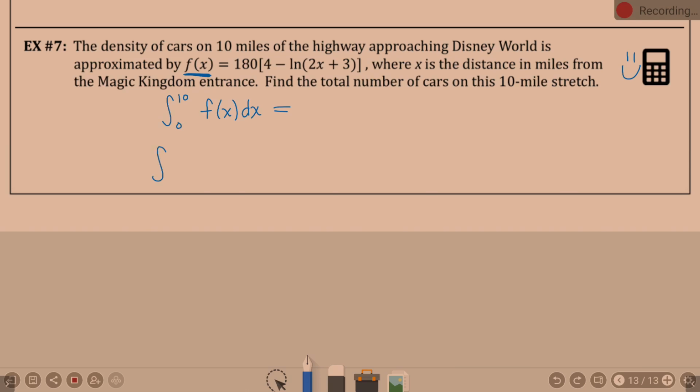Now if you want to write the equation instead, could you? Yes, you could write the integral from 0 to 10 of 180 times 4 minus natural log of 2x plus 3 dx. You could have done that also. Either way, it's the same answer.